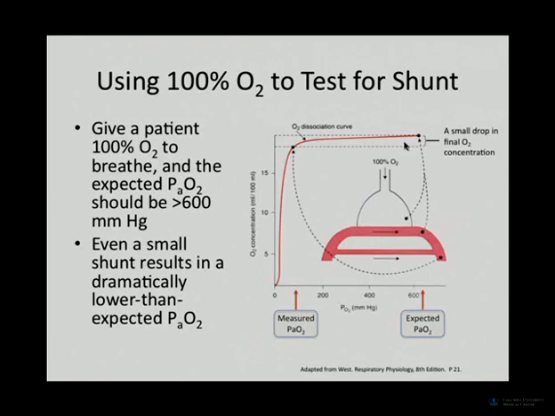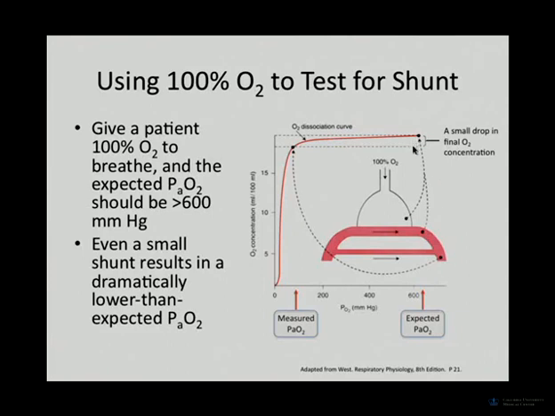Now, Dr. Atkinson mentioned you can use shunt and 100% oxygen, the phenomenon of shunt, to actually measure and even quantify how much shunt is going on in a patient. You give somebody 100% oxygen, and we're assuming that there's a little tiny bit of shunt. That contribution of shunt flow is going to drag down the final measured oxygen concentration in the blood.